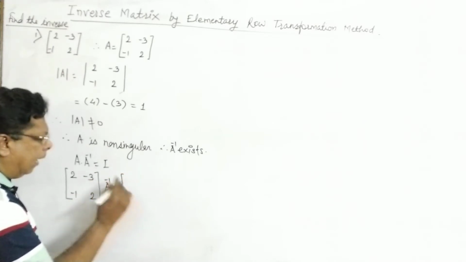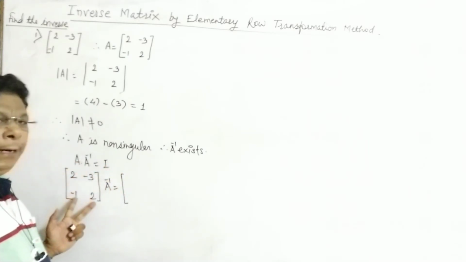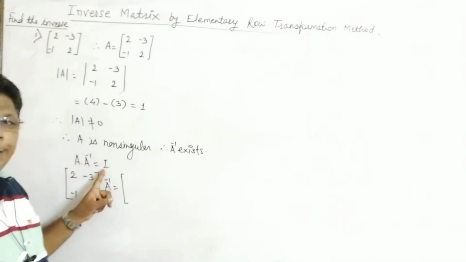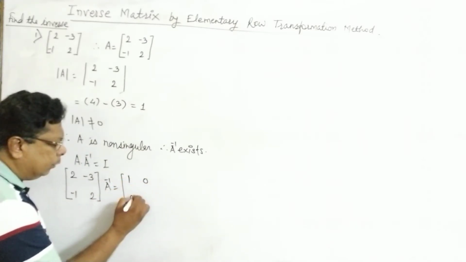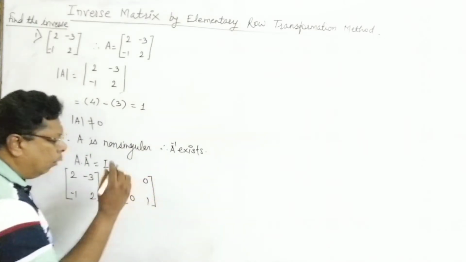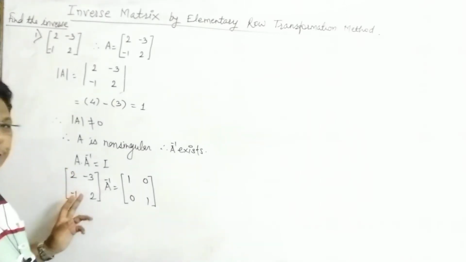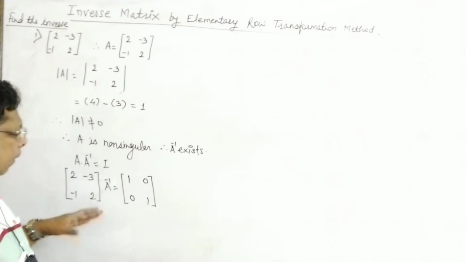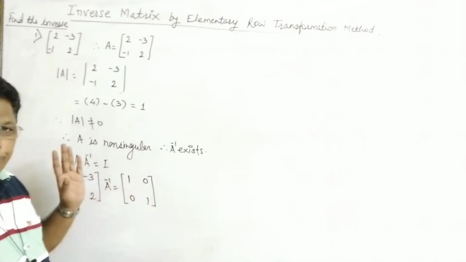Now here I is the identity matrix. A is a 2 by 2 matrix. Therefore take the identity matrix whose order is 2 by 2. That is 1 0 0 1. Now we have to perform the operations and reduce this matrix A into the identity matrix. By using the same operations on the right hand side, you will get the required inverse matrix.